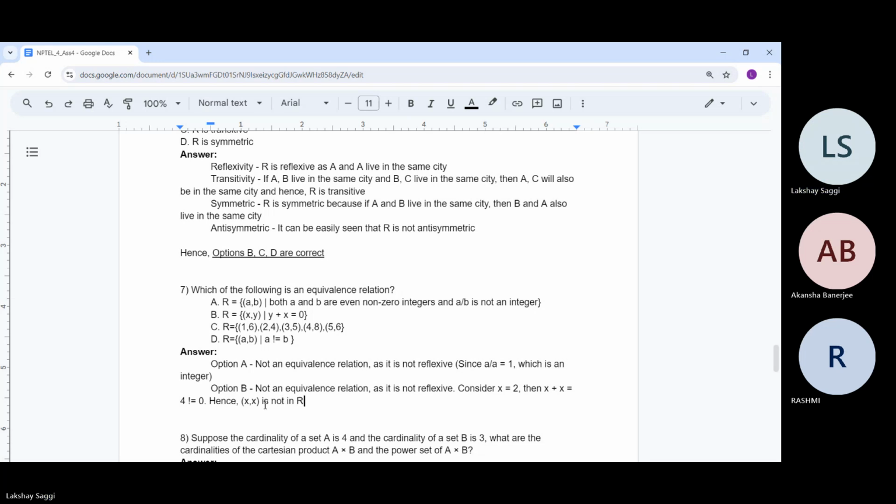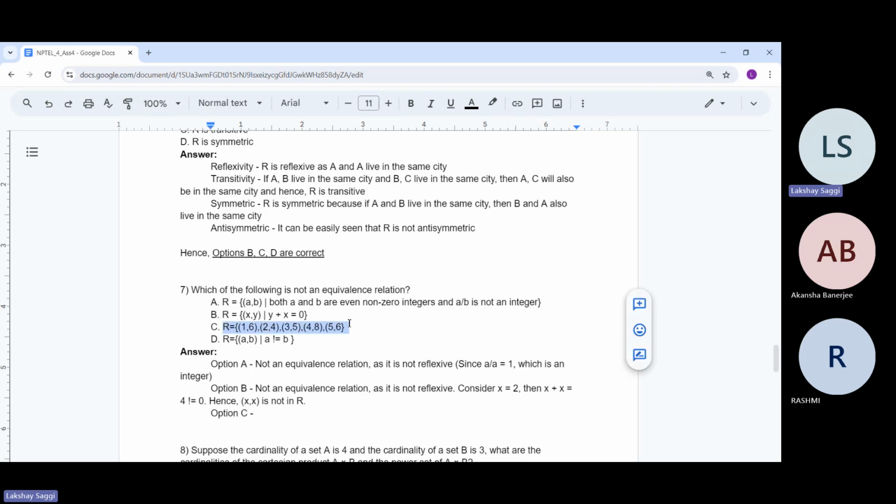So since it is not reflexive, it won't be an equivalence relation. Okay. Then we come to option C. Option C gives the relation 1, 6; 2, 4; 3, 5; 4, 8; and 5, 6.